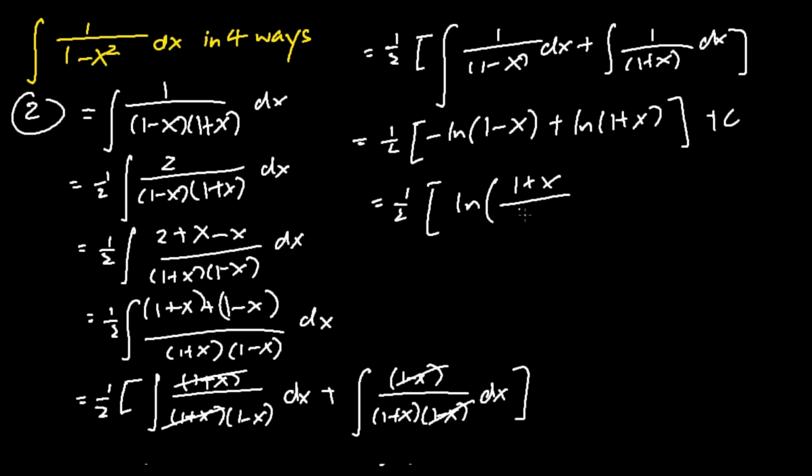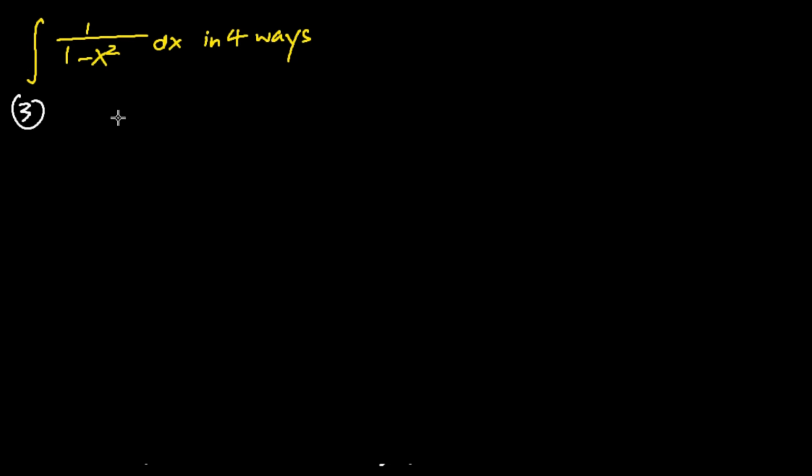So the final answer to the integration of 1 over 1 minus x squared dx is half [ln (1 plus x over 1 minus x)] plus c. The next way in which you can solve this problem is by applying integration by substitution, in this case trigonometric substitution.